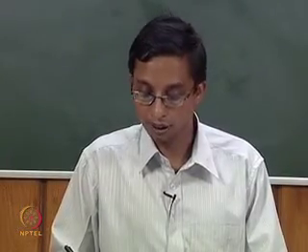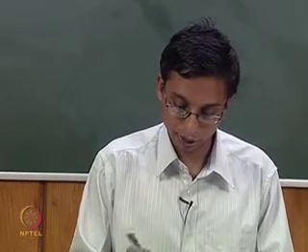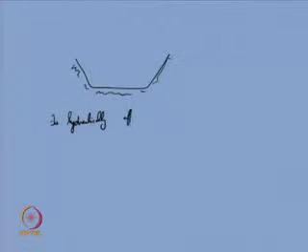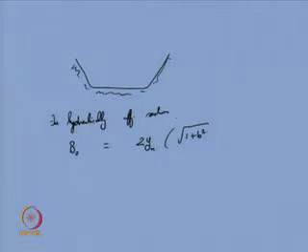Okay, the solution for this particular problem as suggested. So, this is the trapezoidal section. We have already seen that for the hydraulically efficient section, your B0 or the channel bottom width should be equal to twice the normal depth into root of 1 plus b squared minus b.